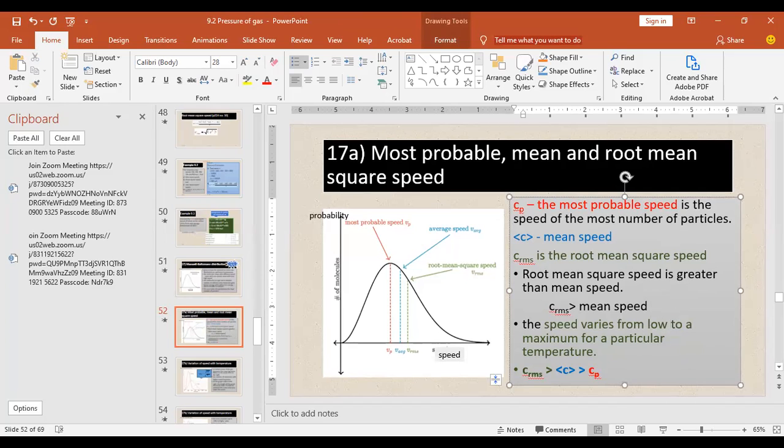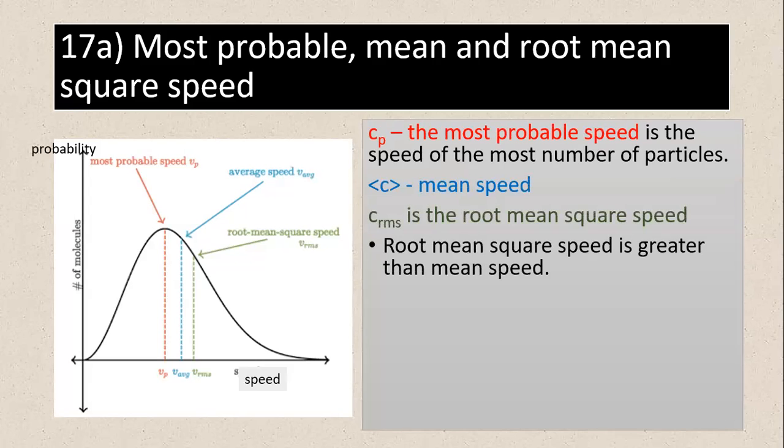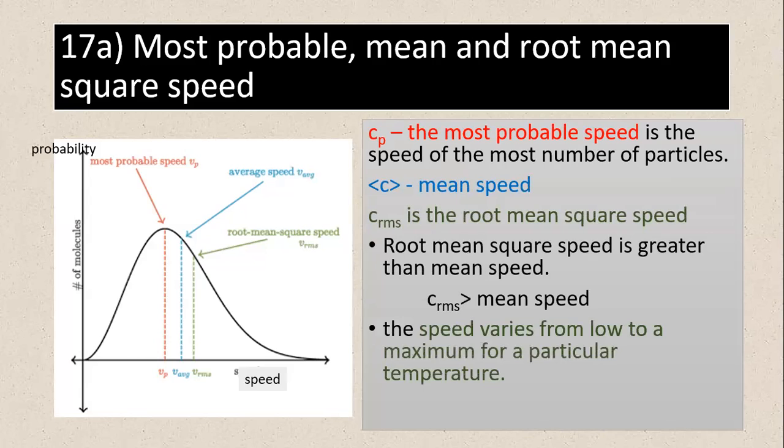It will always be moving, unless it is at freezing point. Okay, so understand, most probable speed is the lowest, root mean square speed is the highest.